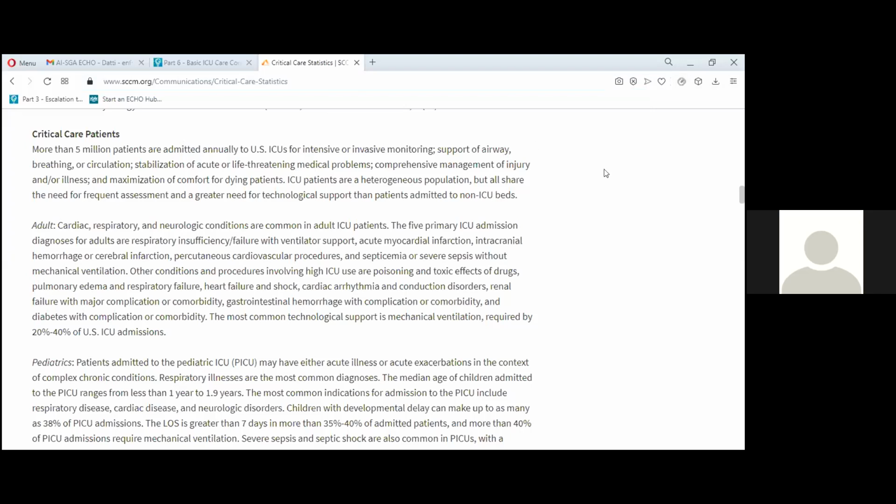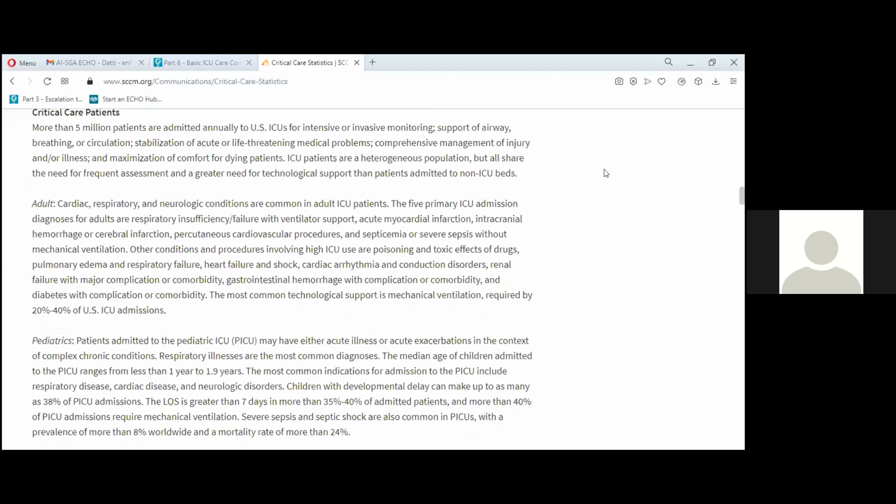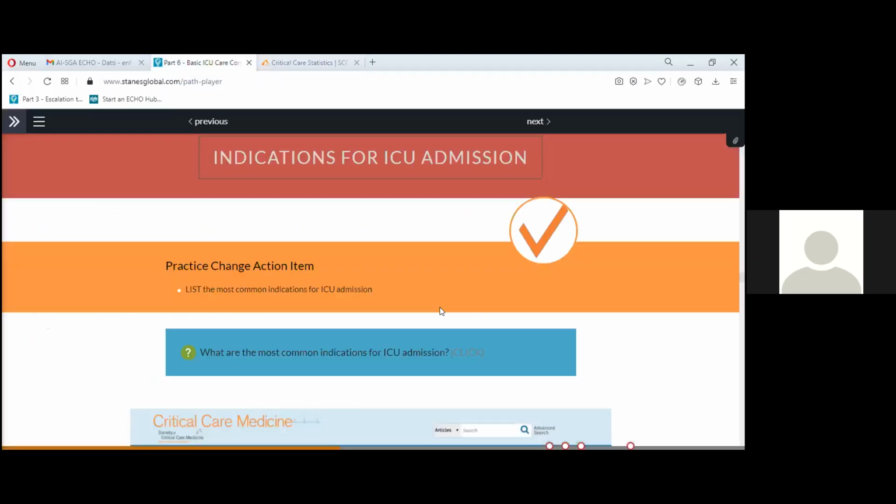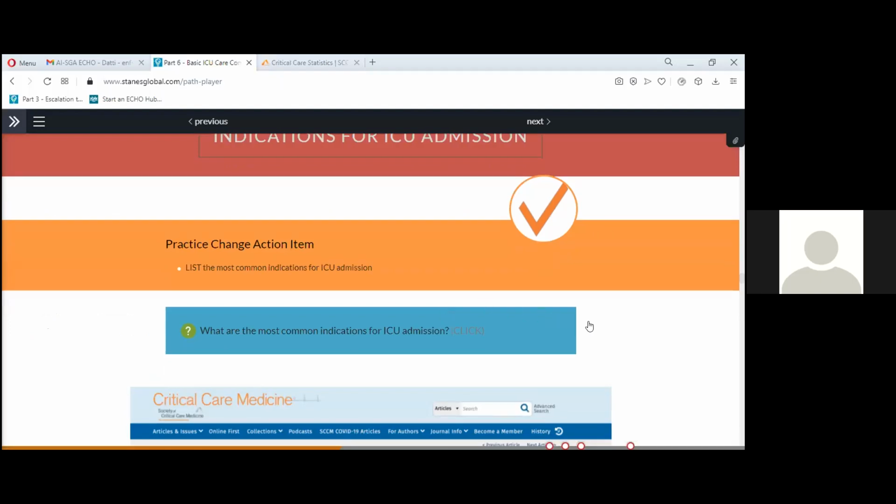Those are generally the broad categories of reasons why patients are admitted into the ICU. I'm sure the link to this resource will also be available to you.